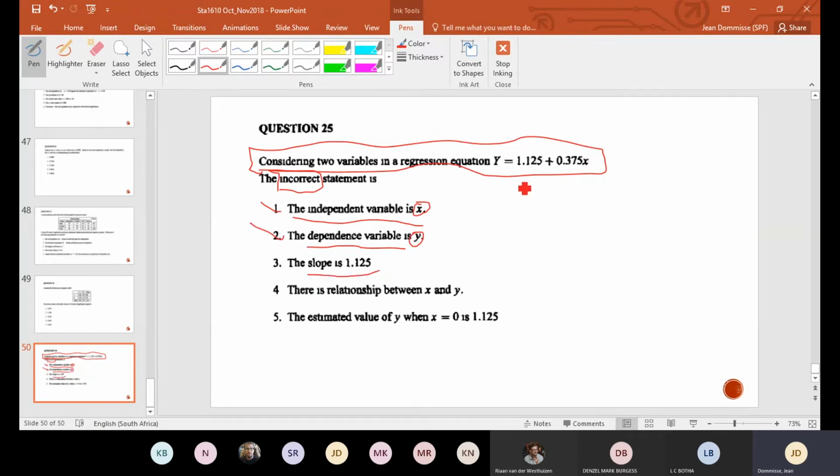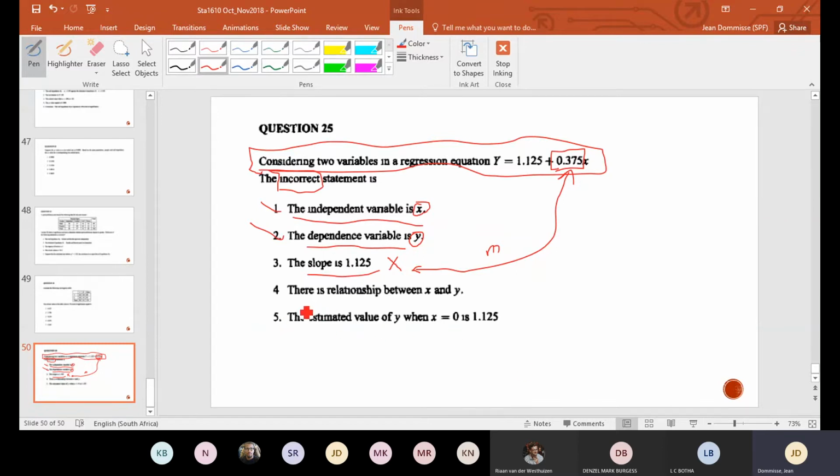Is the slope 125 or 1.125? So that is the slope, so that is the incorrect one. Because the slope is actually supposed to be the m value, and that m value is the 0.375, so the slope was the incorrect one.